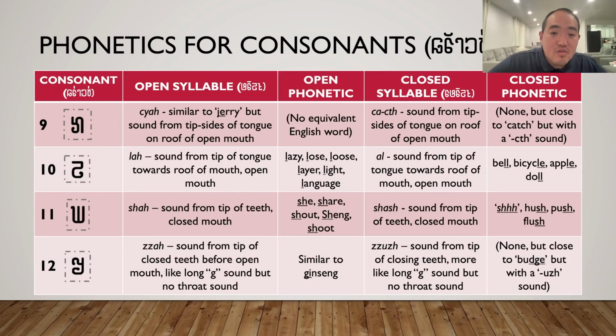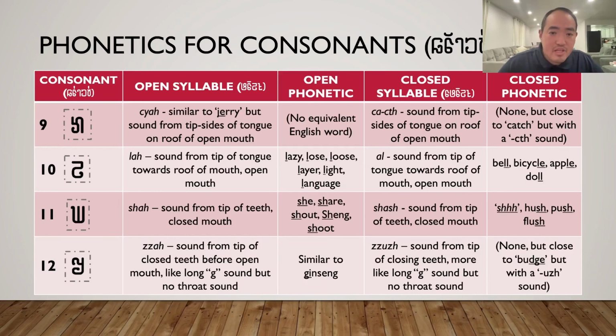Now for number 12, this consonant is pronounced ja, zhuzh. For the open syllable, it's pronounced ja, which should come from the tip of the closed teeth, like zh. It's not like the English Z sound, but more like zh, because with the Z, you can kind of hear and feel where it's coming from. The English Z is different from the Hmong zh, right?